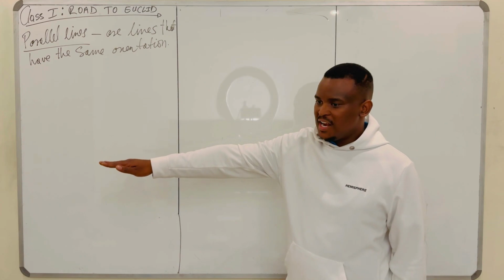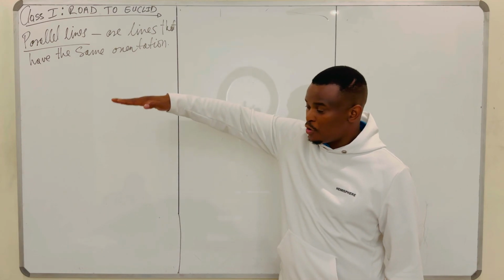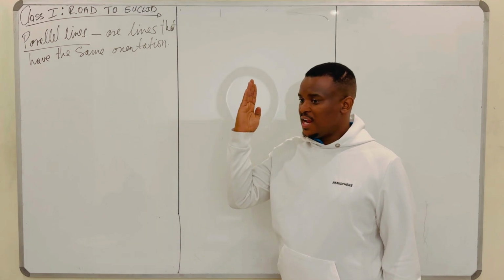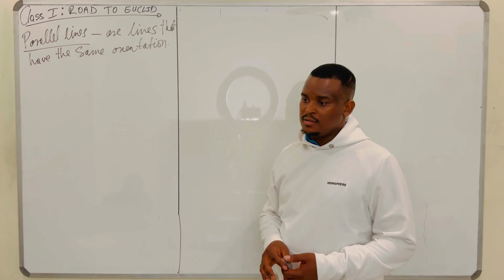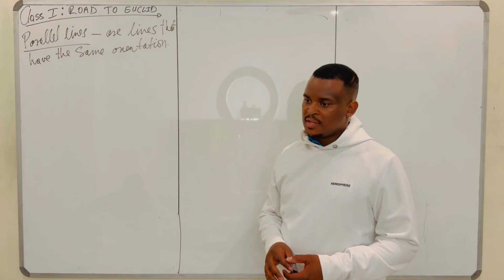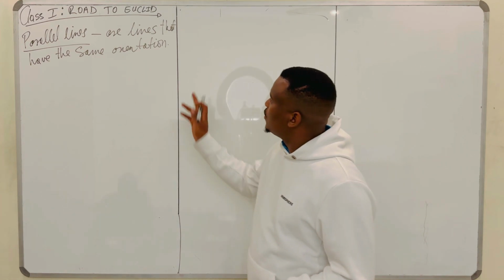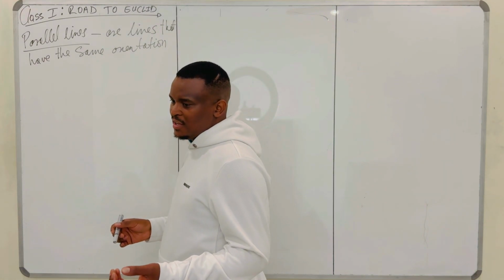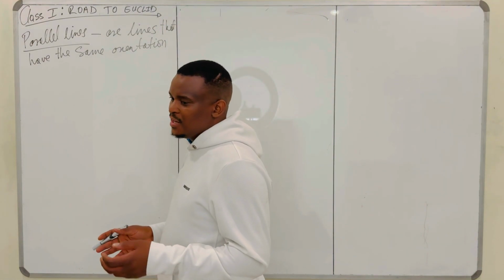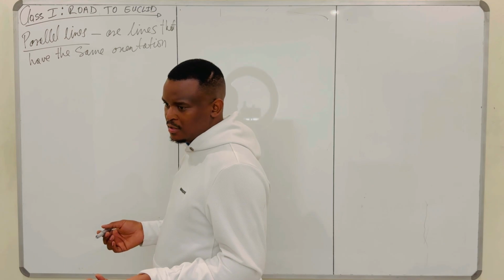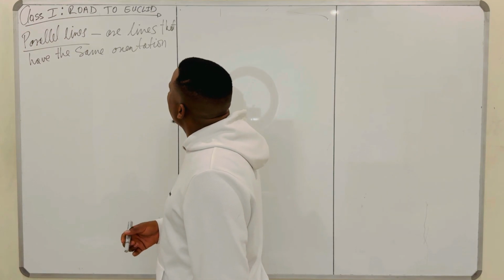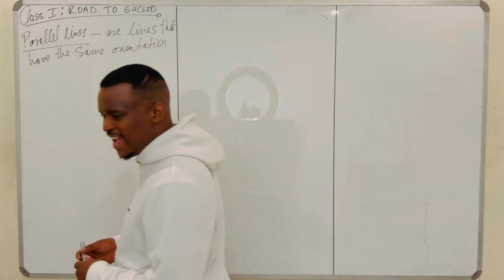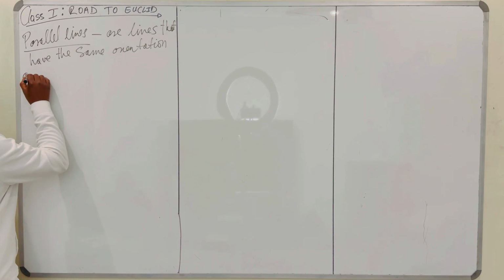If one is horizontal, one parallel to this will also be horizontal. If one is vertical, one parallel to this will also be vertical. And also, in simple terms, for geometrical reasons, if the two lines are parallel, they never meet. So let's say lines that have the same orientation and never meet.